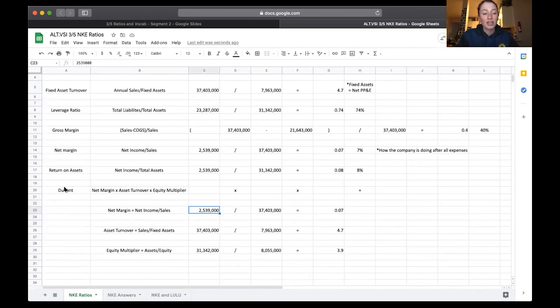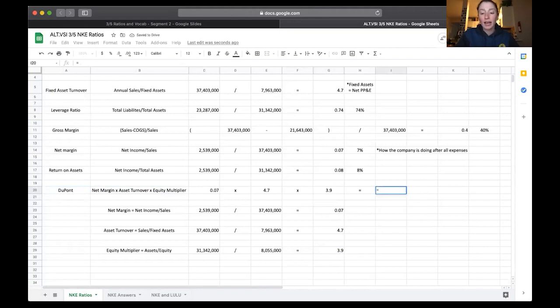So get in the habit of doing that. And then also, now I'm solving for my DuPont, so it's a full equation. So first I have my net margin. If I just reference this cell, it will put it right there. And then I do my asset turnover, and I do my equity multiplier.